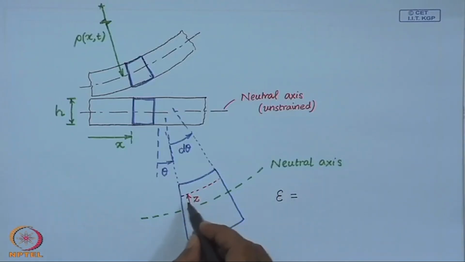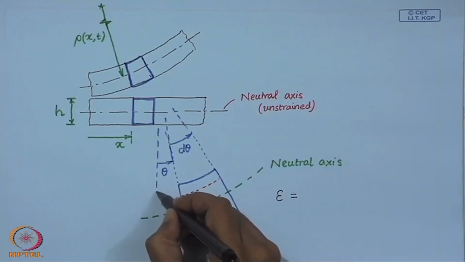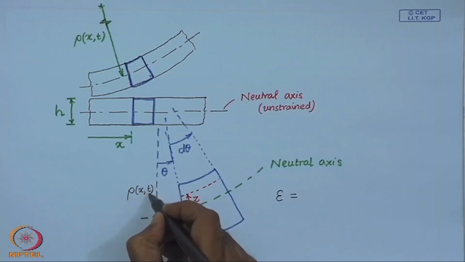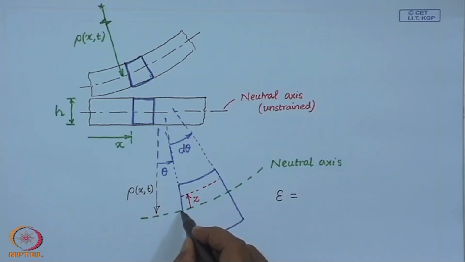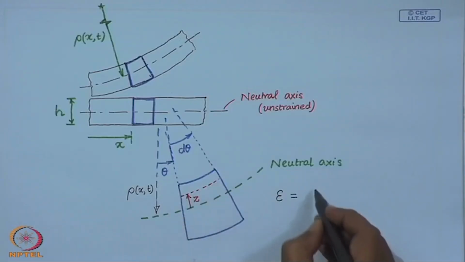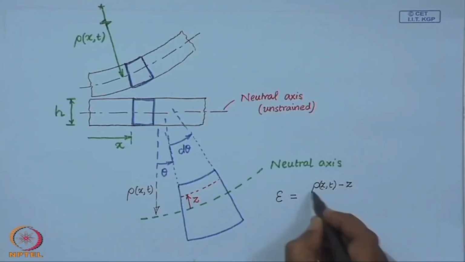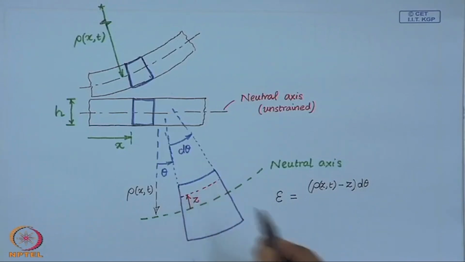so first I have to write the length of this fiber. Now, this radius of curvature is rho. So, the deformed length of this fiber can be written as rho minus z times d theta. That is the length of this fiber.